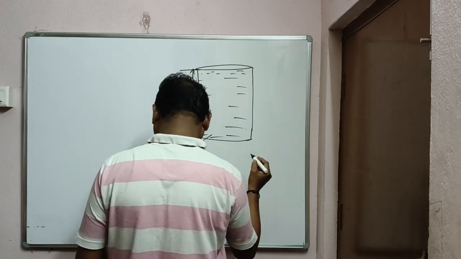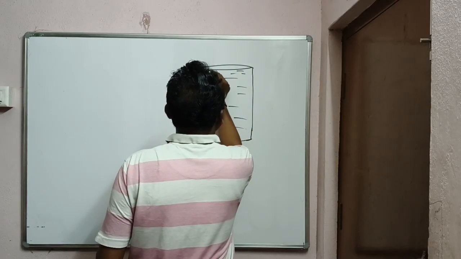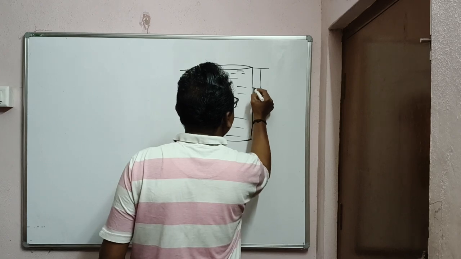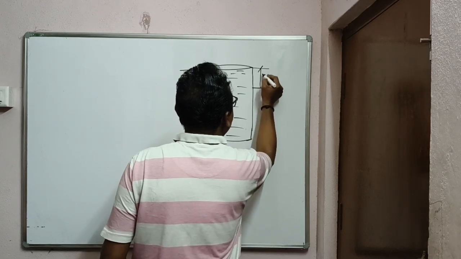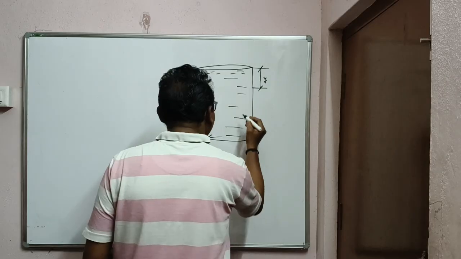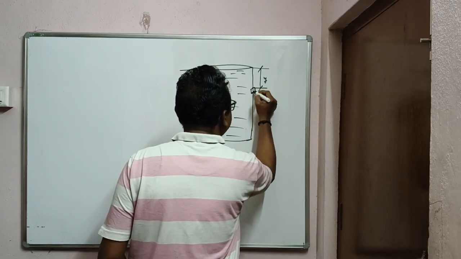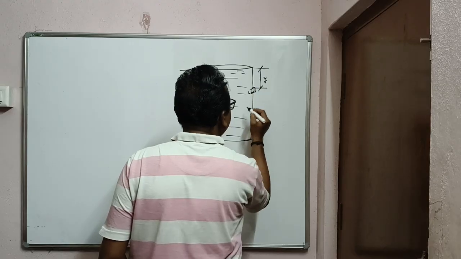Now for this tank, from the surface at a height y, a small square hole of length L is drilled.